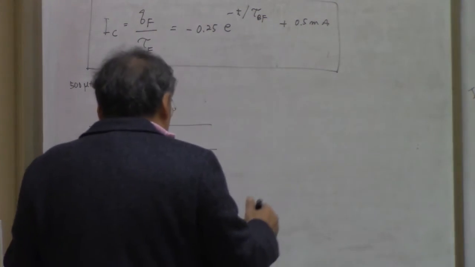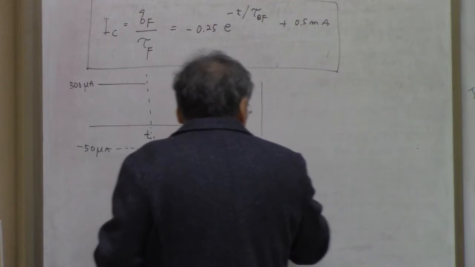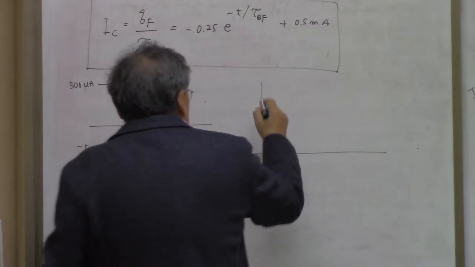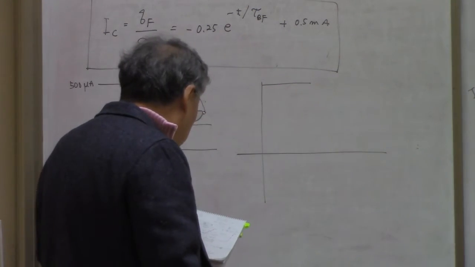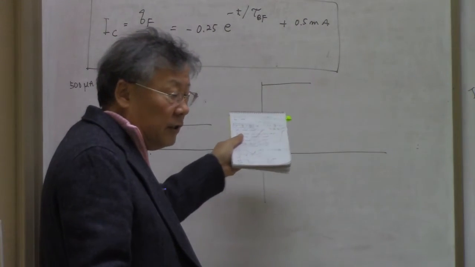Okay, before any solution, we expect that at 500 microamps, the base current is going to be at a certain value at steady state.